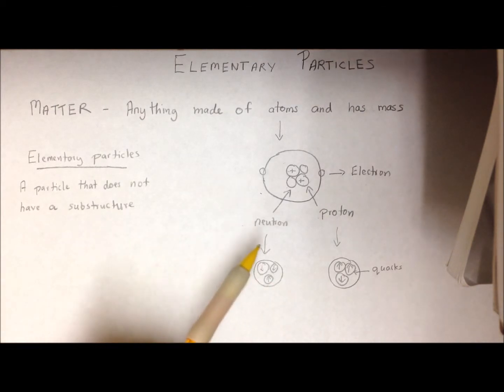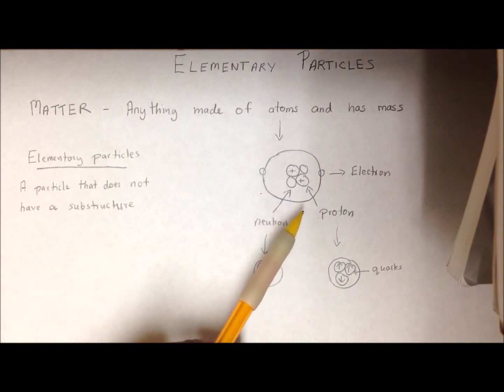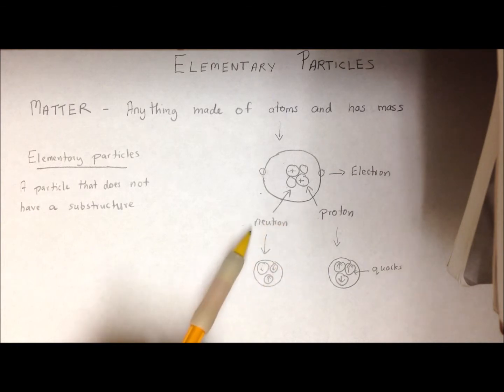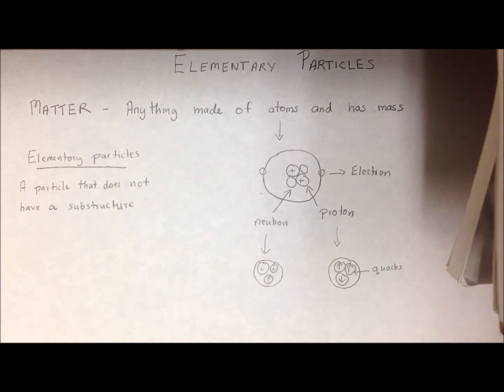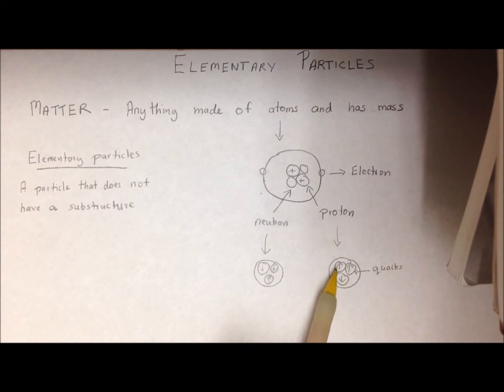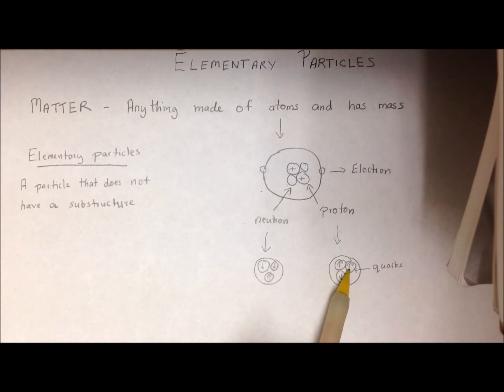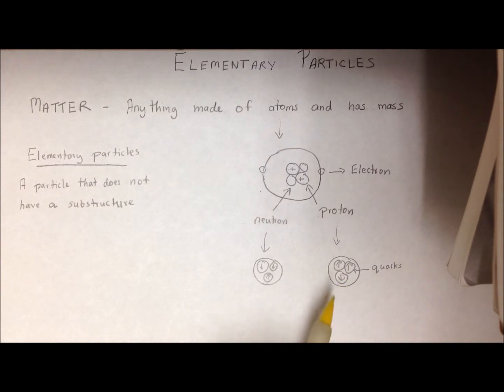So, why do protons have a positive charge and neutrons have no charge? Well, elementary particles help us figure that out. As you can see, this proton has 3 quarks in it. It has two up quarks and a down quark.